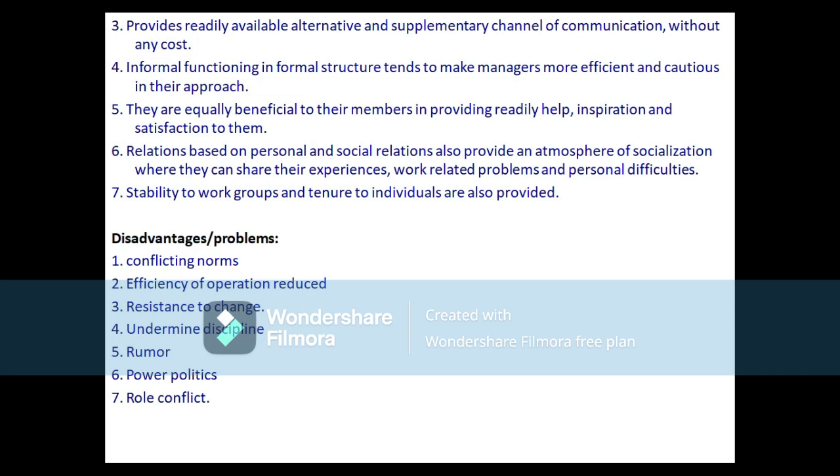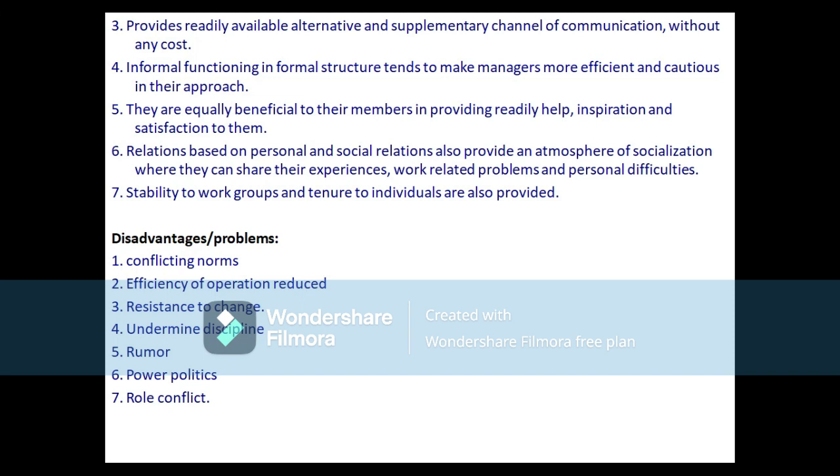And role conflict: since it is an informal group, they try to meet the social needs of their members, so there is naturally a tendency to produce role conflict. What comes under social needs?